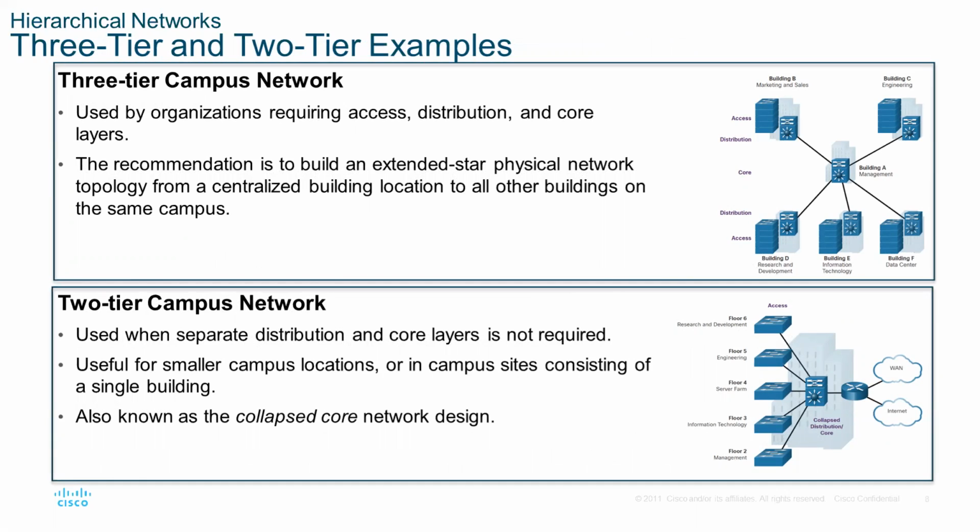Whereas a two-tier model is where we don't have to have that core separated, as we don't have as many locations to centralize. So this is basically where we're spread over multiple floors within the same sort of building, so we don't have that larger distribution. All right.